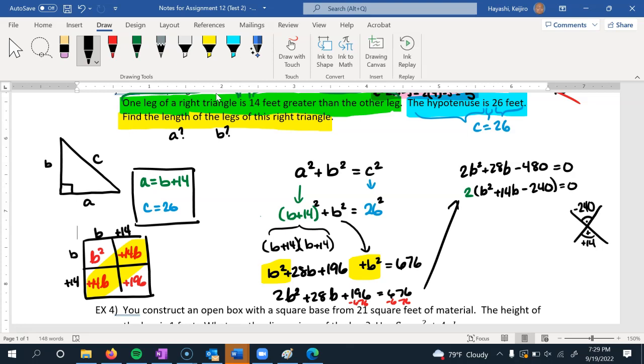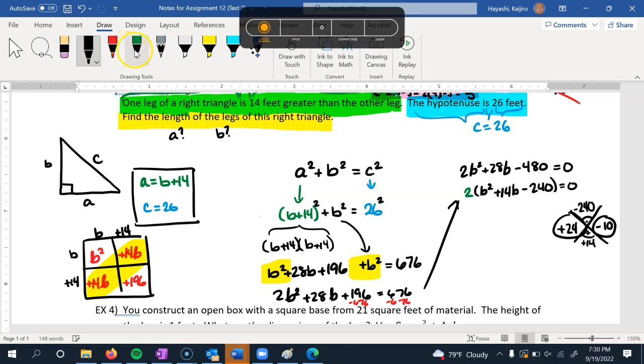An easy way to break up 240 is 24 times 10. With one of them being negative because they multiply to negative 240. One of them positive, one of them negative, and it turns out that that is exactly what we need to get the two numbers to add up to 14. Positive 24 and negative 10.